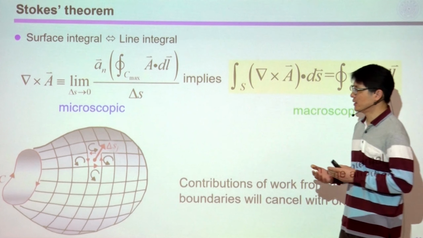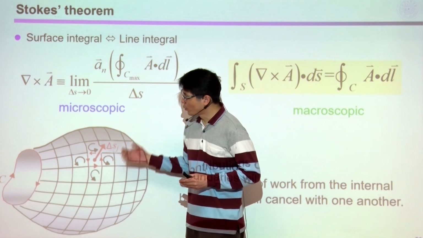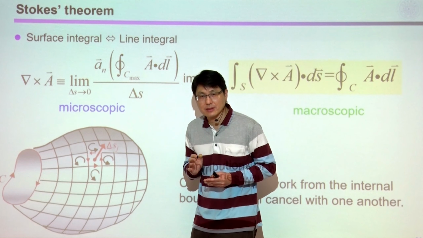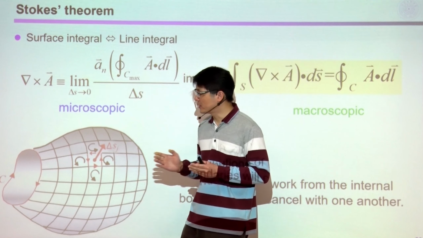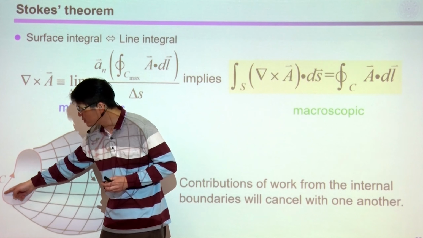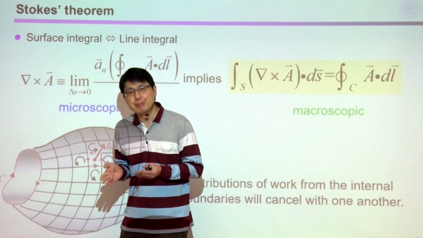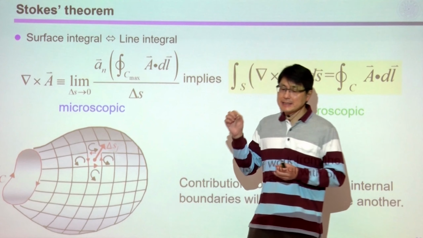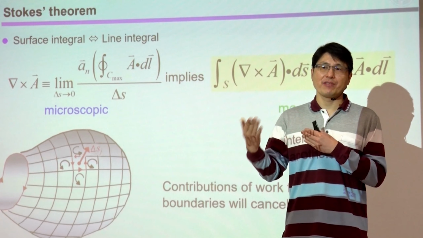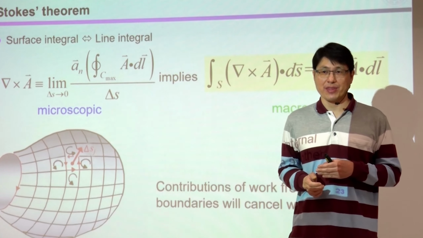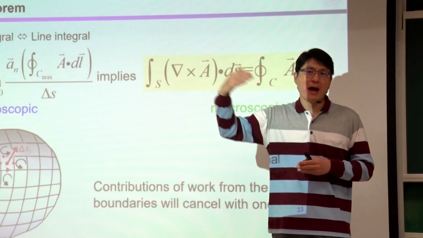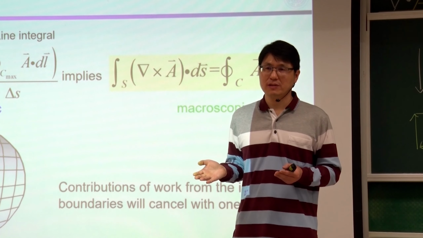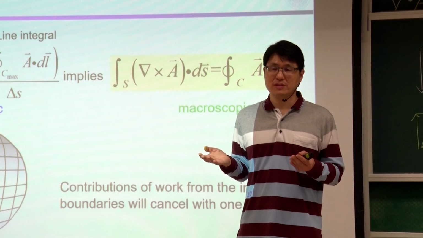Instead of calculating a lot of components, the work done on the small segments that will be canceled out, you only need to evaluate the work done over the contour, which will not be canceled out. This is, in essence, having the same philosophy as divergence theorem. So go back to the last class, go back to divergence theorem, and ask yourselves, what are the differences?